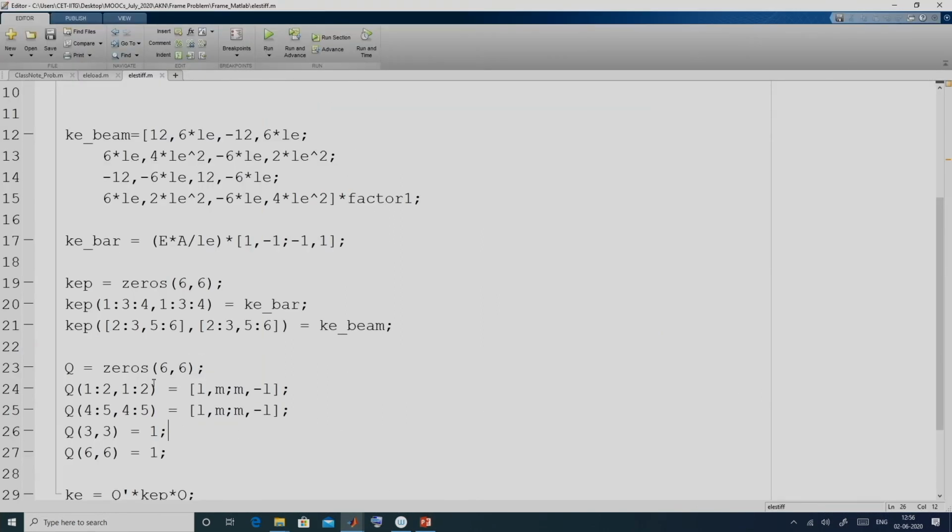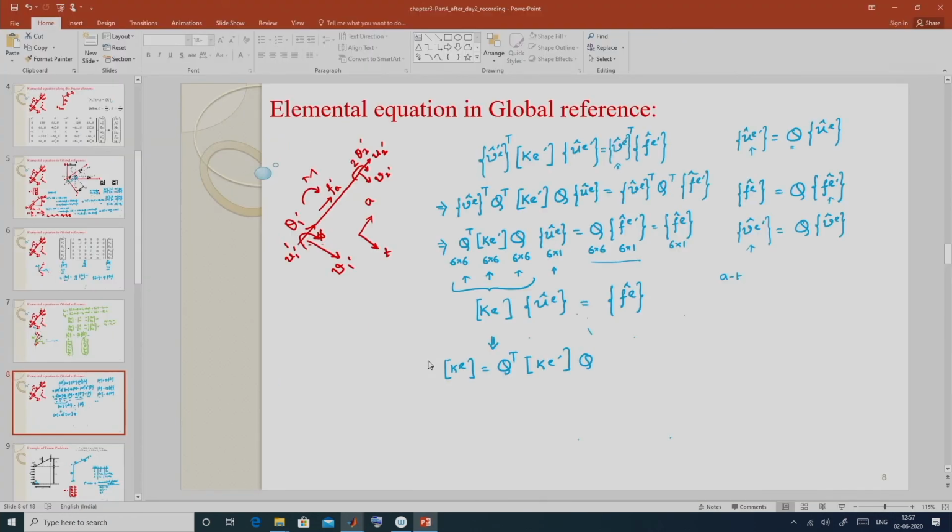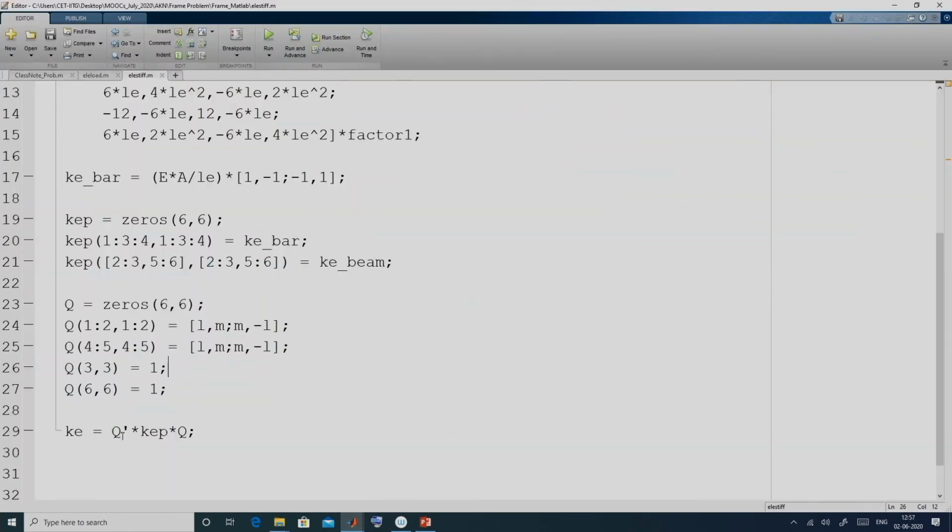You can see here this 6 cross 6 matrix, that is L M. Now, in global XY frame, our stiffness matrix is this KE, that is Q transpose K prime Q. We already constructed K prime and Q. So, we get the KE with this relation, that is KE equals Q prime, this prime corresponding to transpose, K prime Q, K prime already constructed.